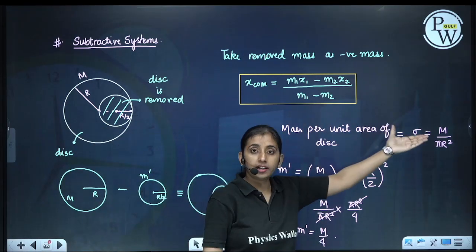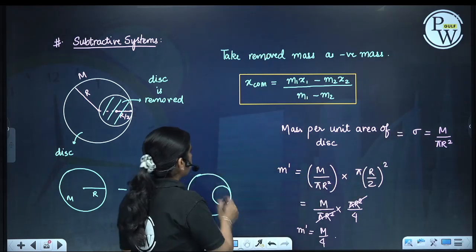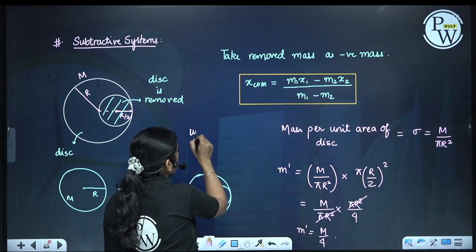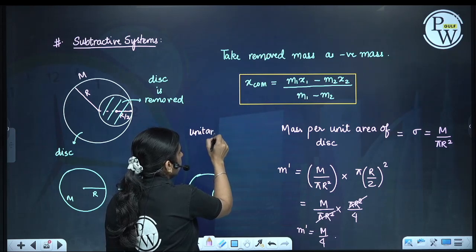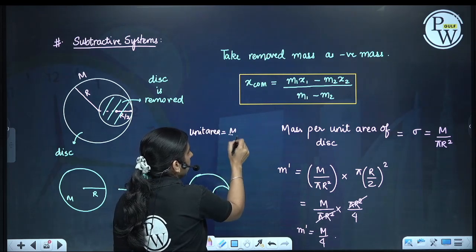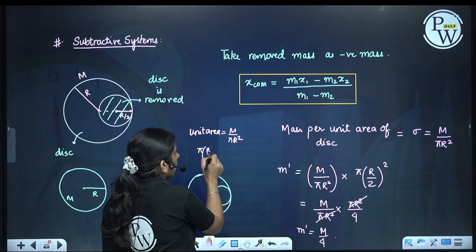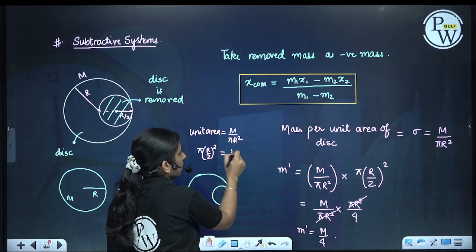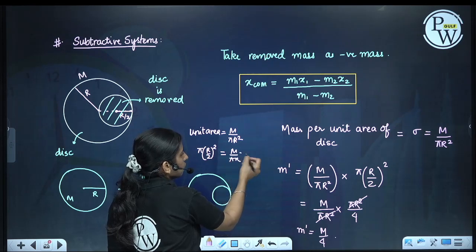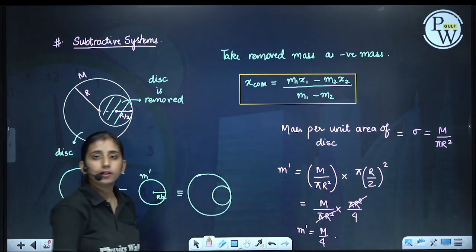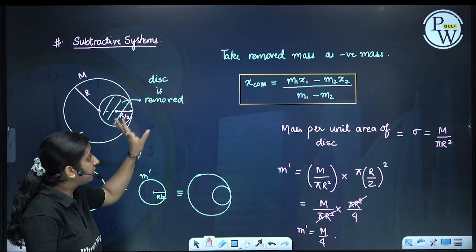Mass per unit area is m by pi r square, so pi into r by 2 square will have the mass m by pi r square into this area. This is how we can calculate the removed mass.